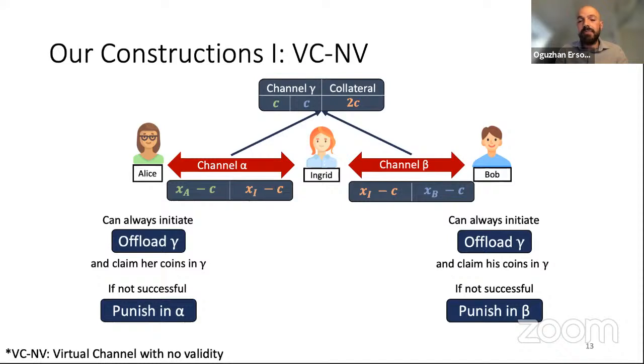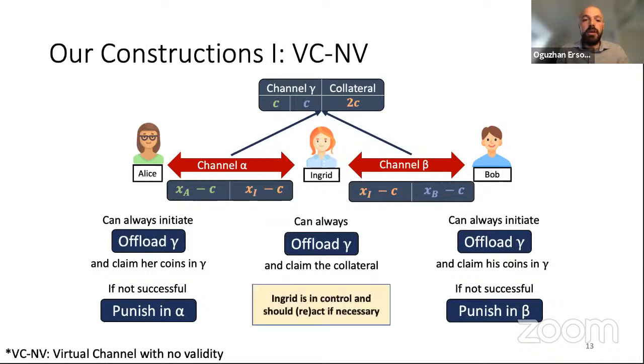If it doesn't happen, then Bob can punish Ingrid via their ledger channel. And for Ingrid, since she has control in both ledger channels, she can always offload the virtual channel and claim her collateral. So in this mechanism, Ingrid is in control and should react if one of the parties wants to offload the virtual channel.